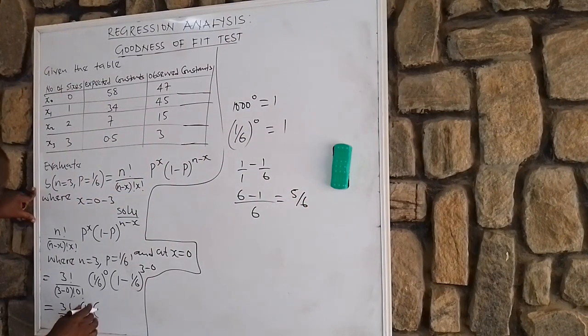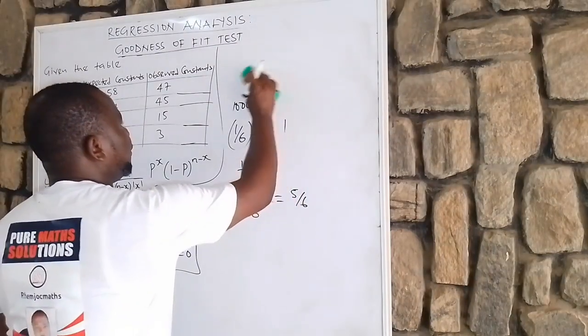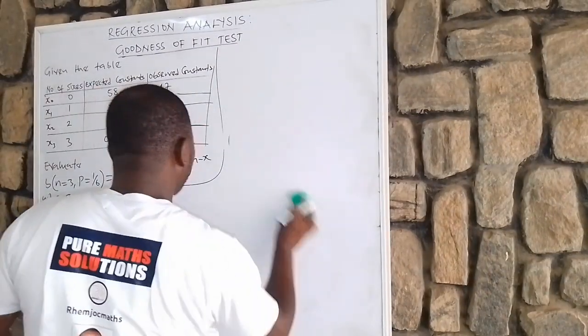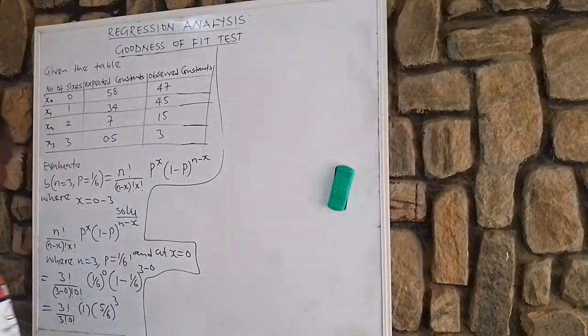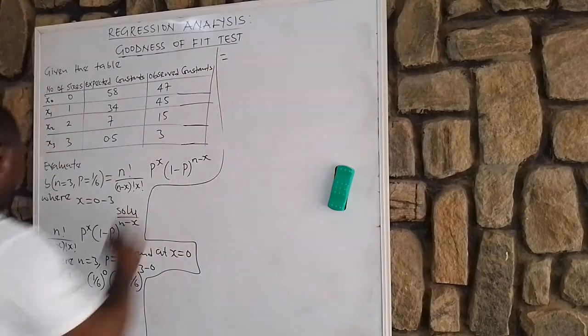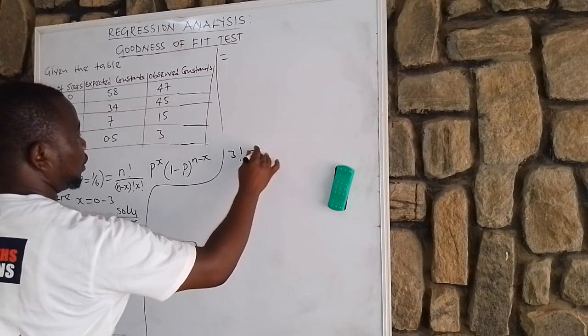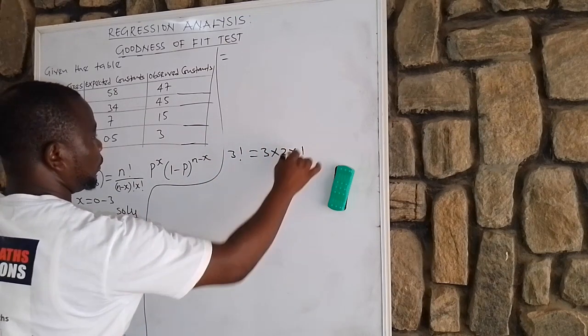So times 5 over 6 raised to the power of 3 minus 0, which is 3. So here will now be equal to: when we say 3 factorial, 3 factorial means 3 times 2 times 1.